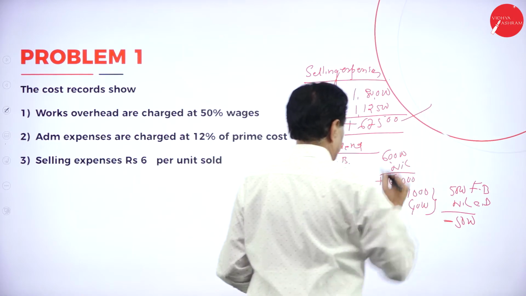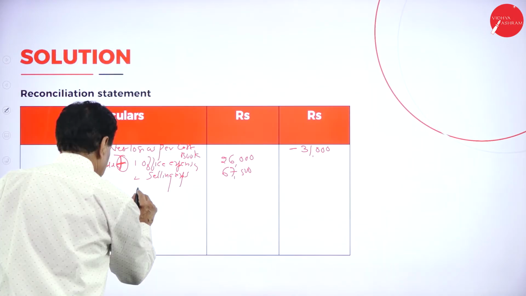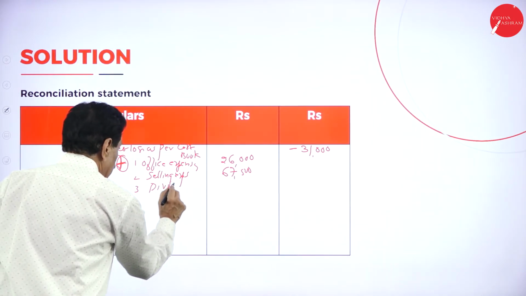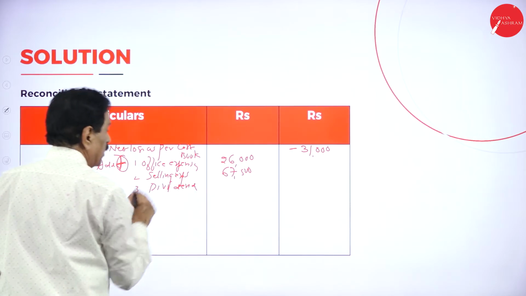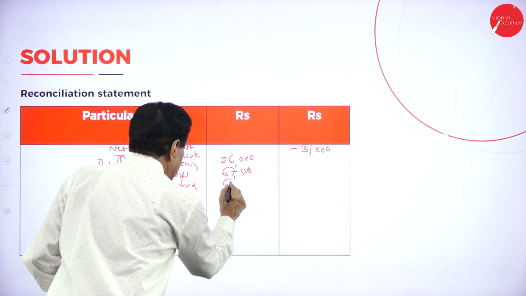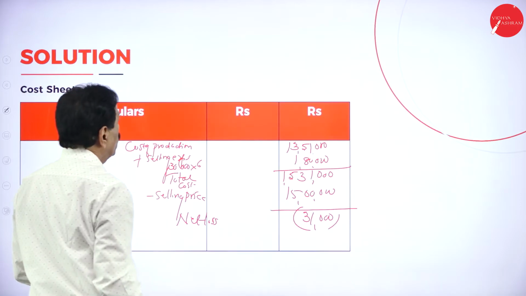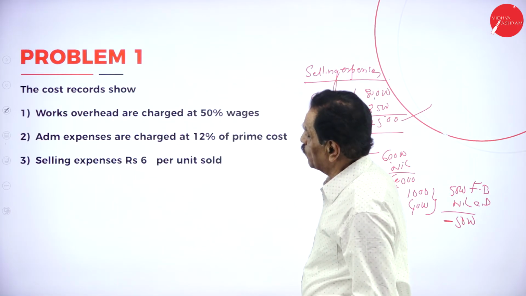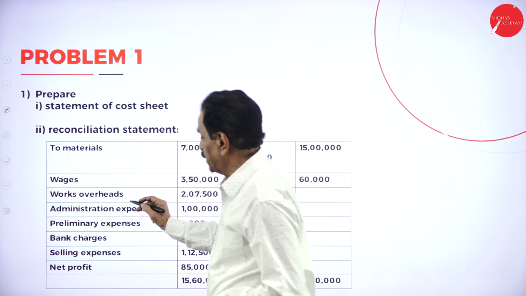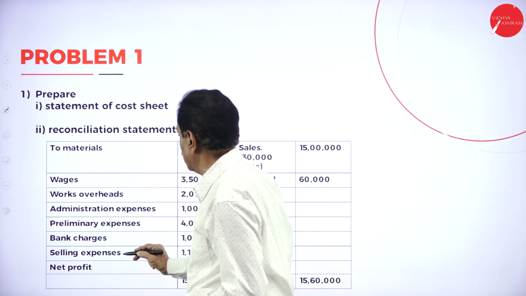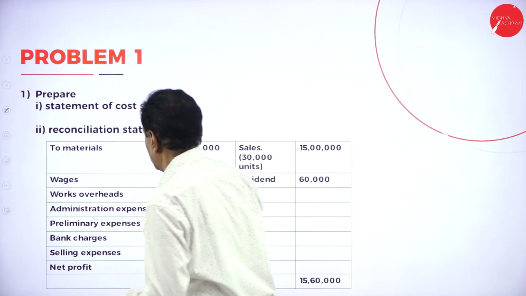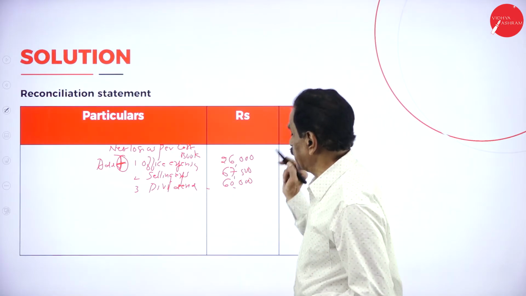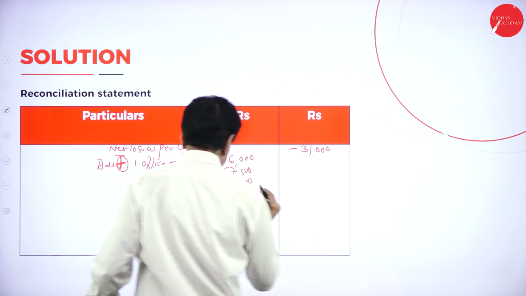Then dividend, $60,000. Any more income? See that. Administration over, selling over, works overhead. This is deductible. Works expense over, office expense over, selling expense over, dividend. Add the figure.